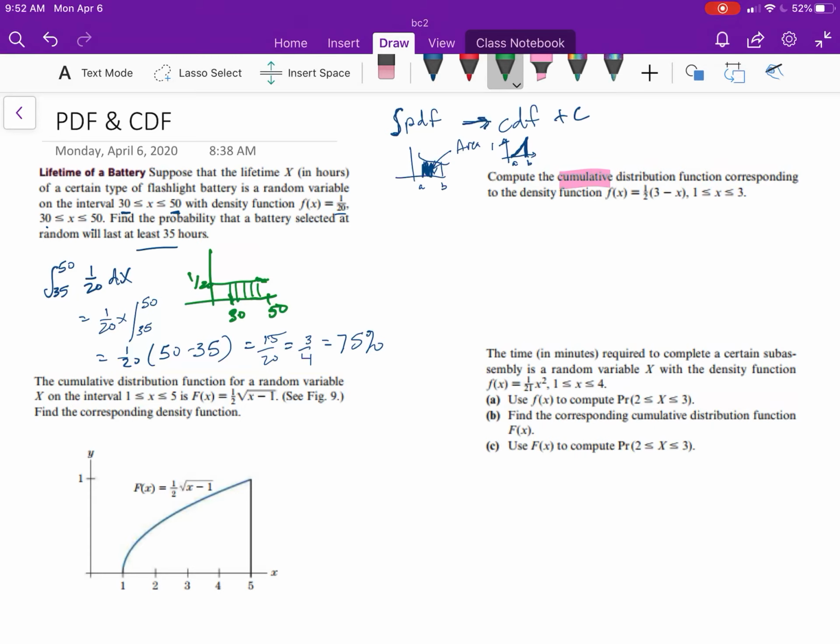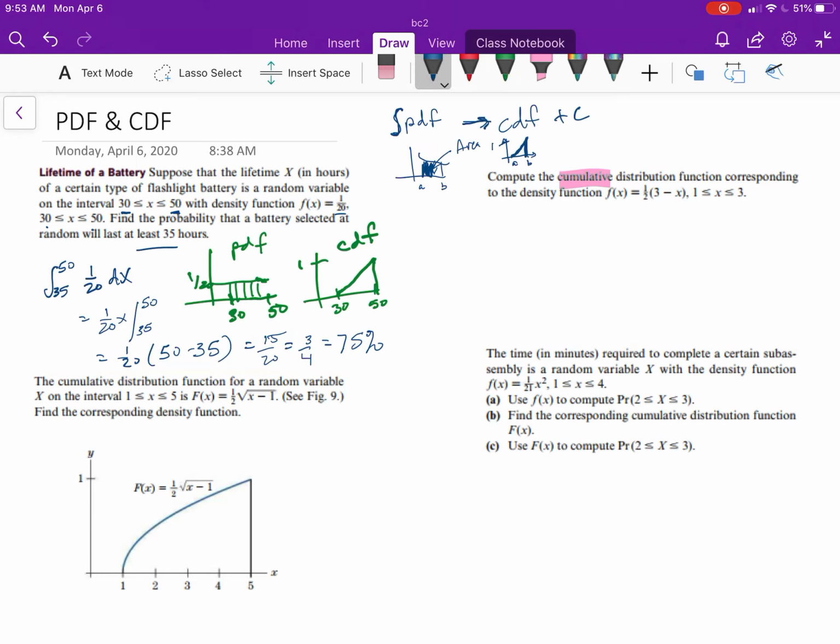So that is our PDF, our probability density function. But the cumulative, as we go from 30 to 50, we know the accumulation of these is getting larger and larger until we hit 1. Okay, so that's how these two are related, which will make better sense as we look at a few more examples.